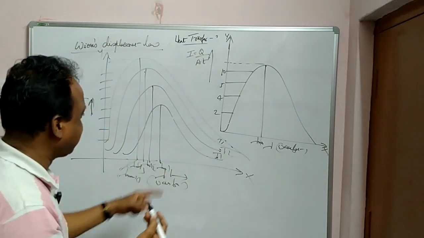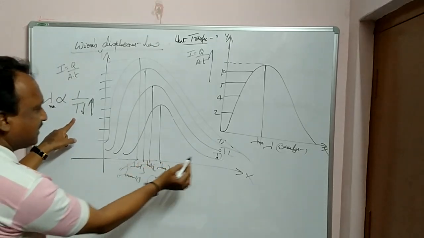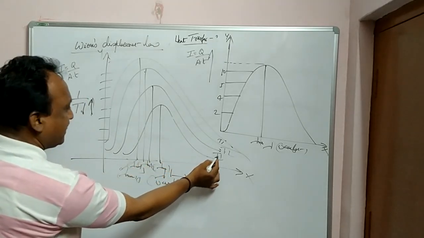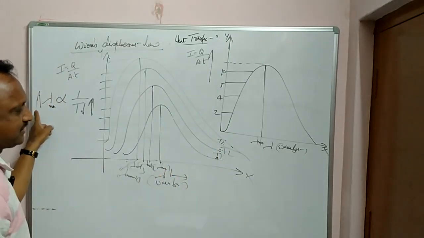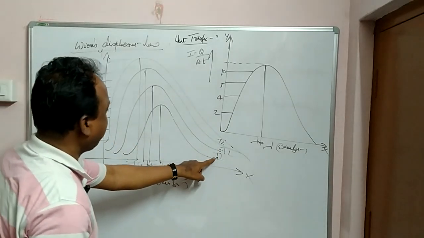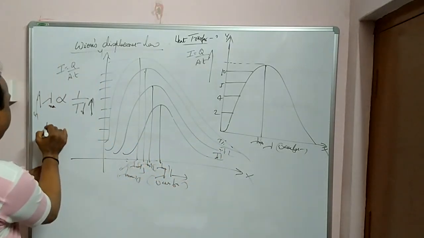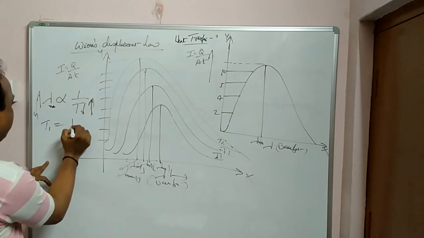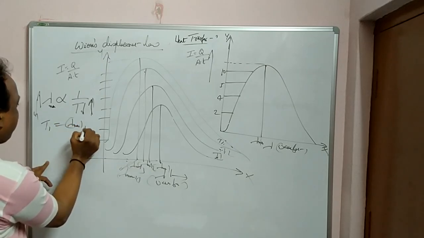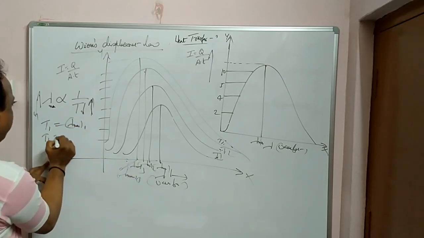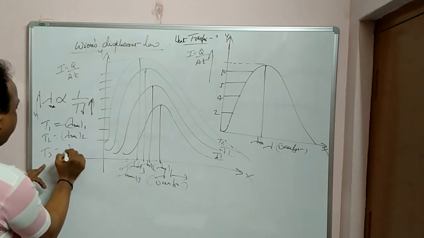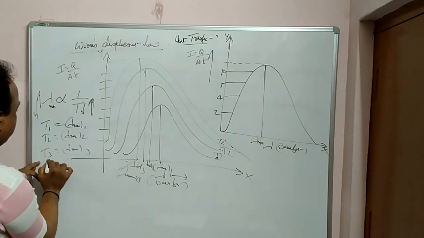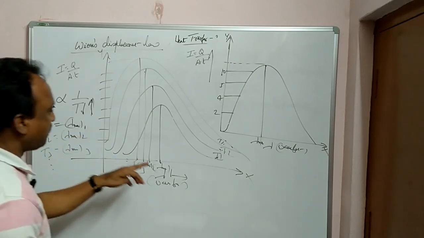As you see, for T1 you got lambda, for T2 lambda decreased, for T3 lambda decreased even more. So compare T1, T2, T3: for T1 it is lambda maximum 1, for T2 lambda maximum 2, for T3 lambda maximum 3, and so forth. So which is more?